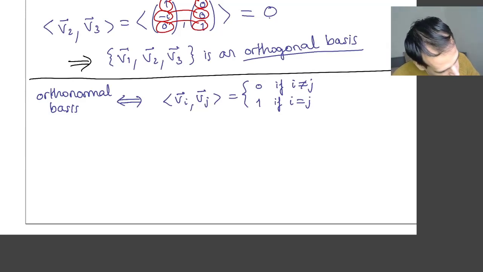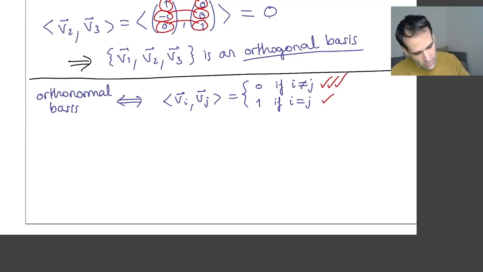The first condition we already checked, because that was the case for an orthogonal basis. So now we need to check if the inner product of vi with vj is equal to 1 if i is equal to j.